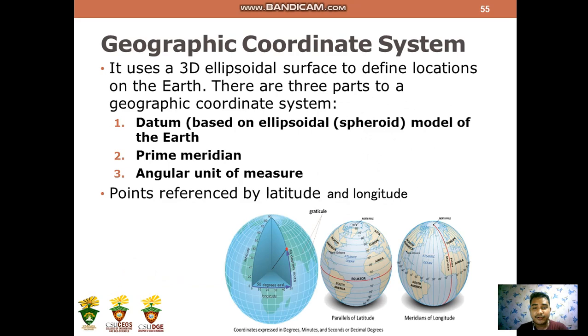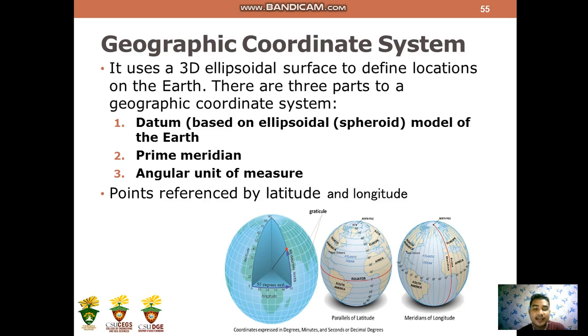When we say geographic coordinate system, it uses a three-dimensional ellipsoid surface to define locations on the earth. As we know from geometric geodesy, for a horizontal coordinate system we use the ellipsoidal shape. There are three parts to a geographic coordinate system: the datum, which is based on the ellipsoidal model of the earth, the prime meridian, which is 0 degrees as the origin, and an angular unit of measure. Points are referenced by latitude and longitude.